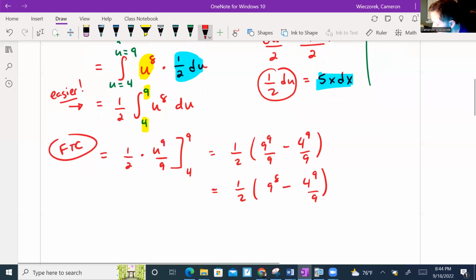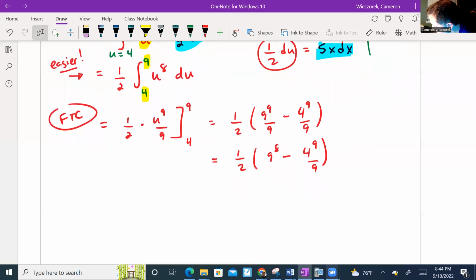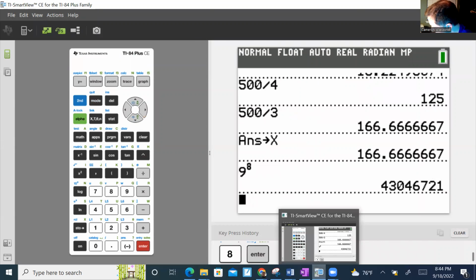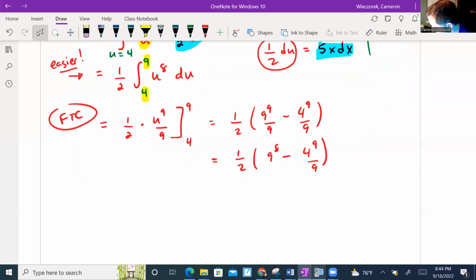This is quite a big one. I don't even know if our calculator is going to compute this. This might work. Yeah, okay.